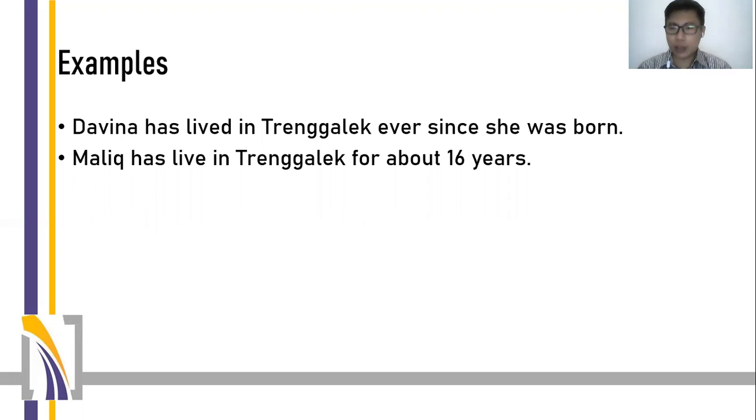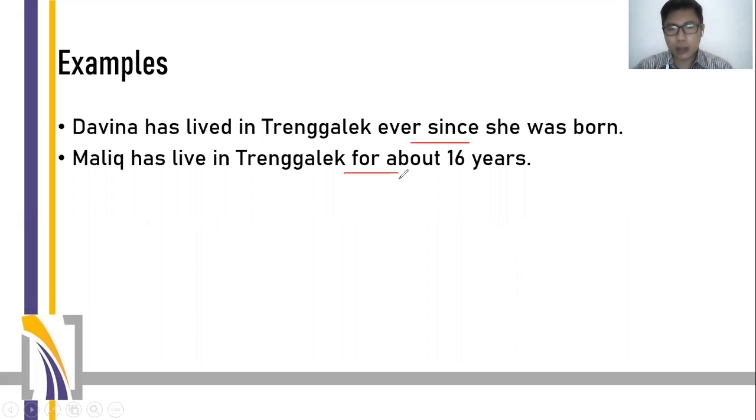Maybe 16 years. I'm just making this up. So in here, actually both of them are almost the same, right? The meaning is almost the same. The point is almost the same. The difference is just because of since and for.